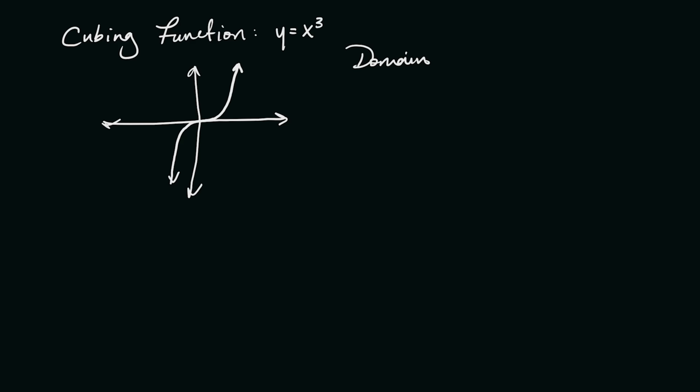The domain here is x is an element of all real numbers, and the range, of course, is also going to be the same. It's very similar to the squaring function, just that since it's a cubing function, it goes through all points.